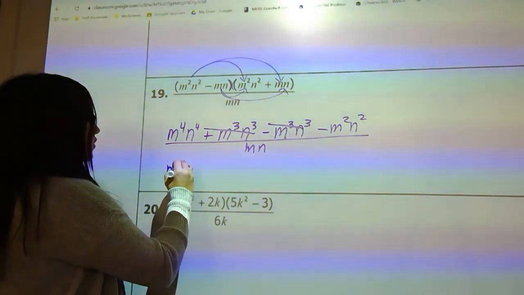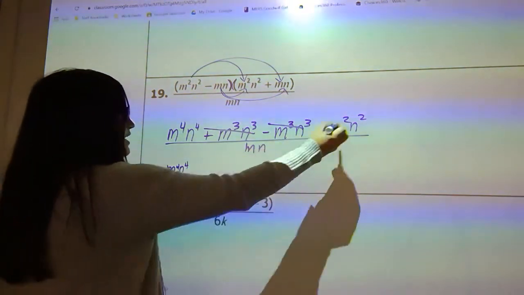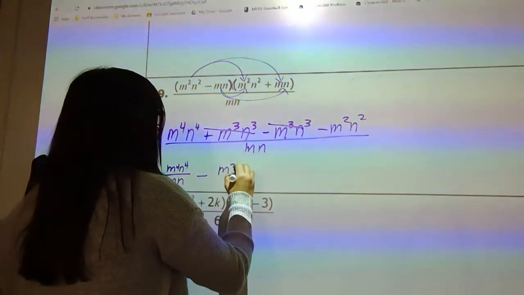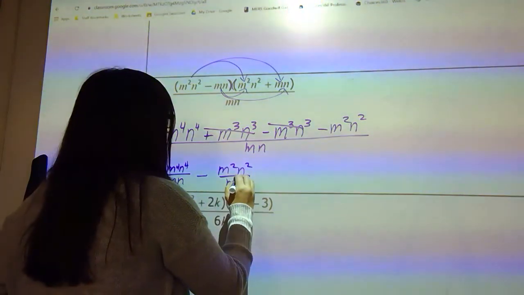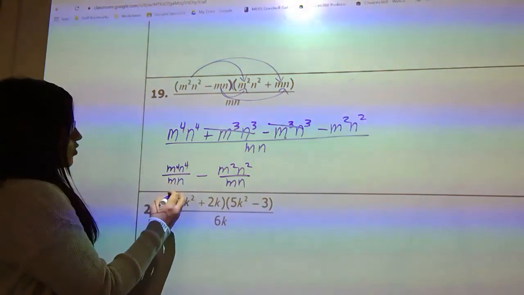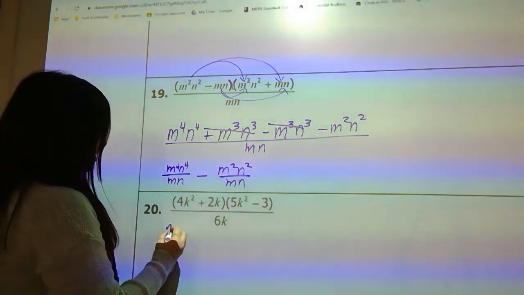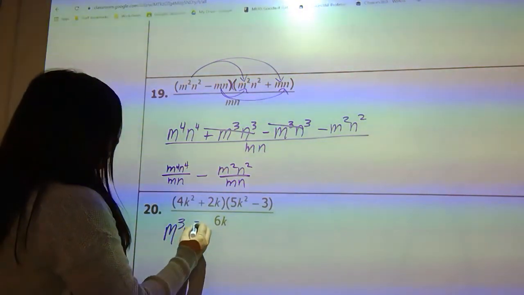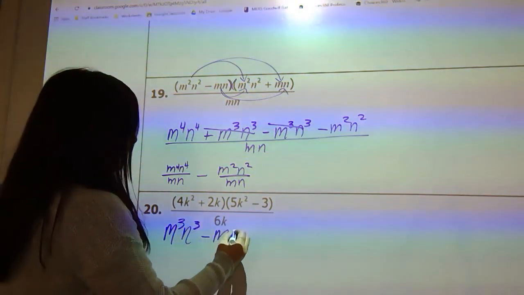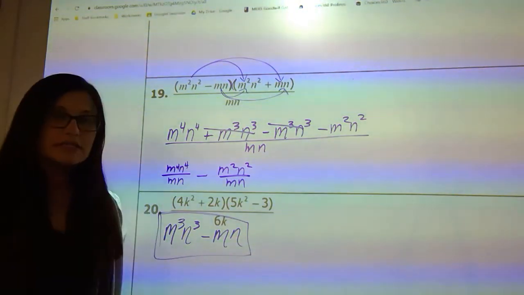I have m to the 4th, n to the 4th divided by mn, minus m squared, n squared divided by mn. Okay, so what are we left with? I'm going to write this down here so you can see it. M to the 3rd, n to the 3rd, minus mn.